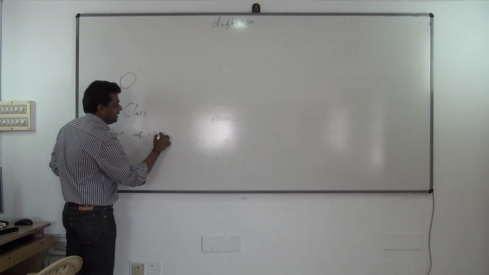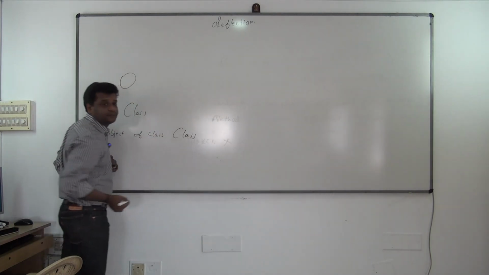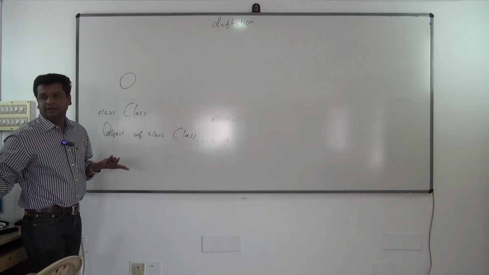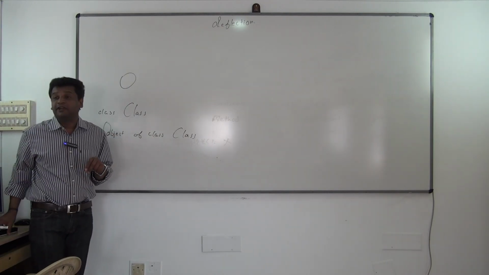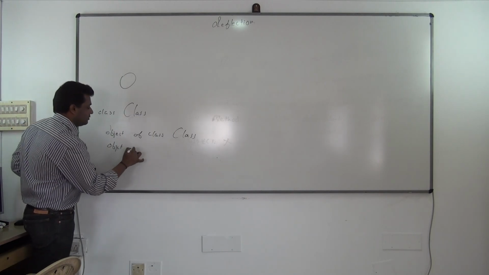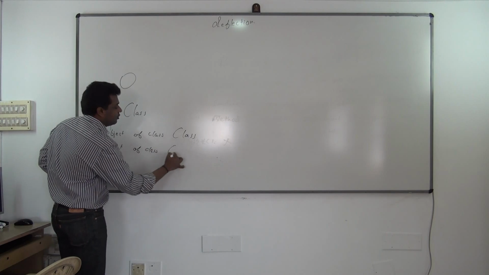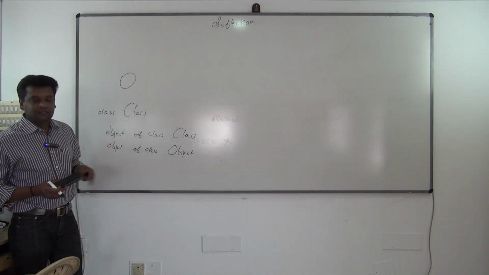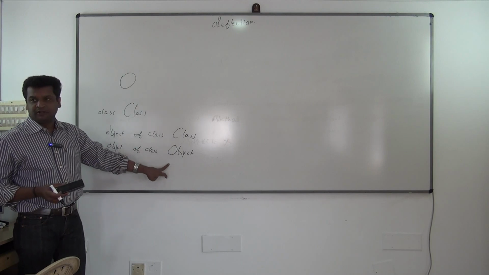Object of class means, now see, it's an object of class. Supposing I write capital O here, it does not make any sense. So be careful when you write your notes. So now see, object of class Object. So you should know how to write your notes now. We follow conventions, that's why we follow conventions.